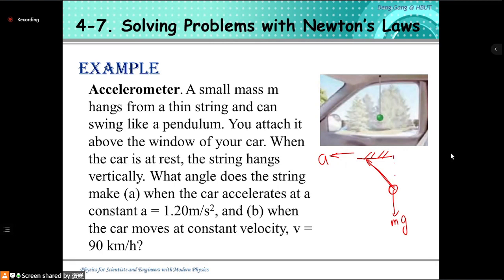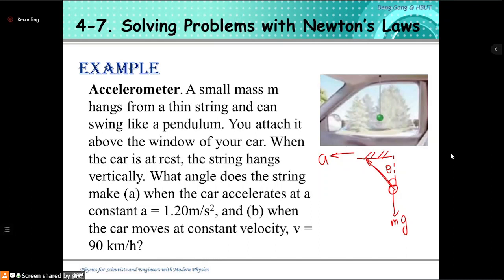So this is the vertical direction. If this angle is theta, then in the vertical direction the acceleration should be 0.